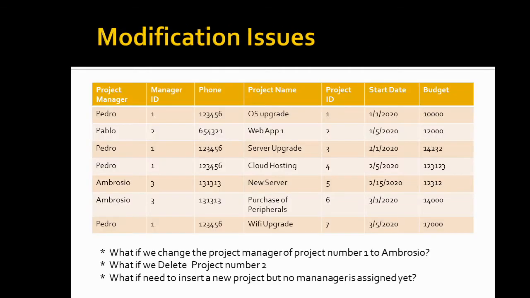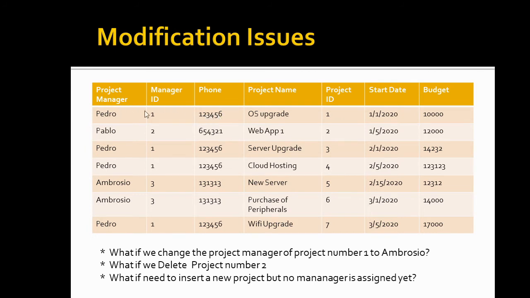Let's again take a look at our list. What if we change the project manager of project number 1 to Ambrosio? If we change that, you notice we still have to change the manager ID and the phone number, because of course this is not the manager ID of Ambrosio, and this is not the phone number of Ambrosio.